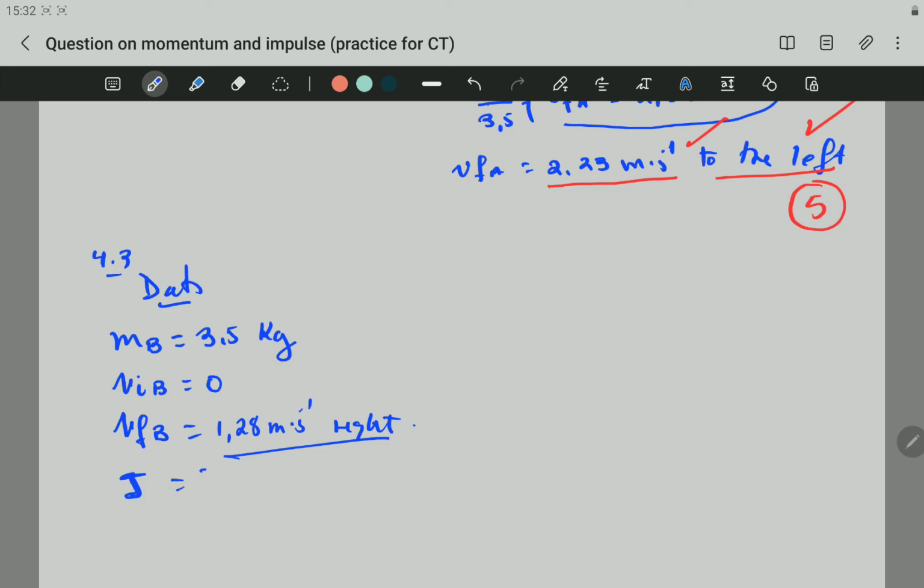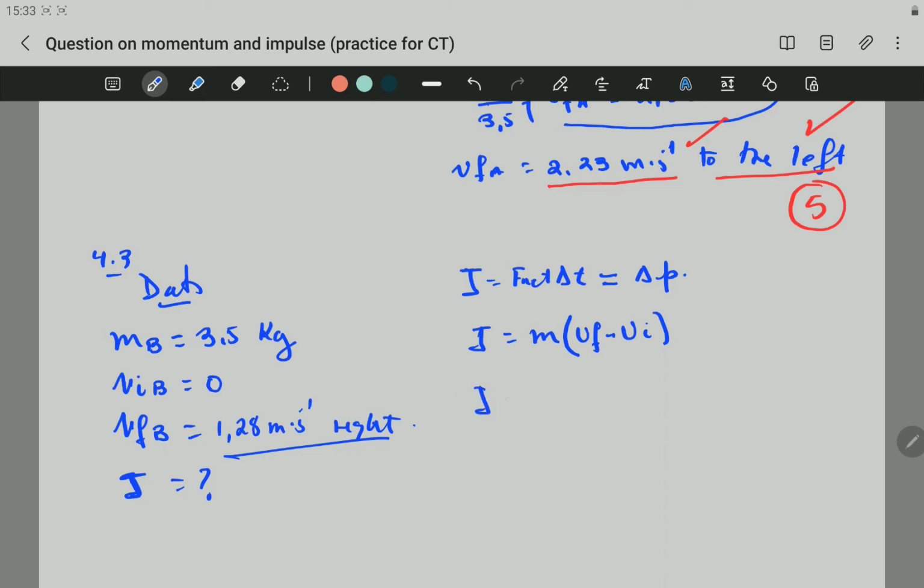Okay? So, if you remember, the impulse momentum theorem says that the impulse, in ordinary case we use J for the symbol, you can say net force multiplied by time. That is another way of representing impulse, and this is equal to change in momentum, which is the product of mass bracket final velocity minus initial velocity.